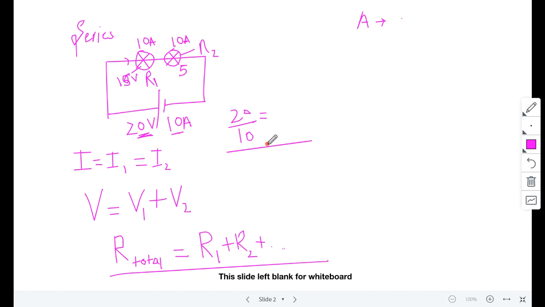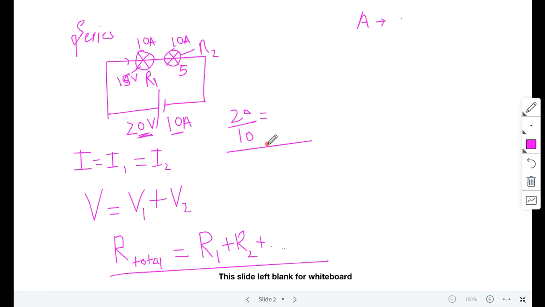But voltage, okay, that's the total, right? So what I'm asking is, if I have to find the total, I then do the volts over the ammeter's current.